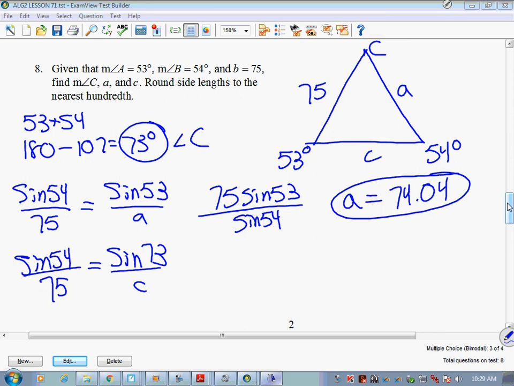All right, let's come from that over here. Let's see. I'm trying to get around the room here a little bit. Lolly, how would I rewrite sine 54 over 75 equals sine 73 over C to solve for C? Divided by sine 54.